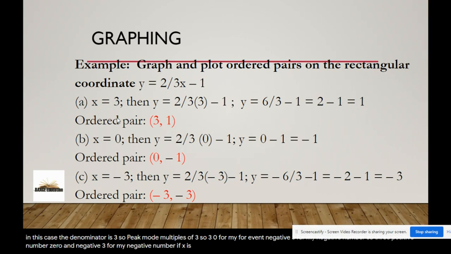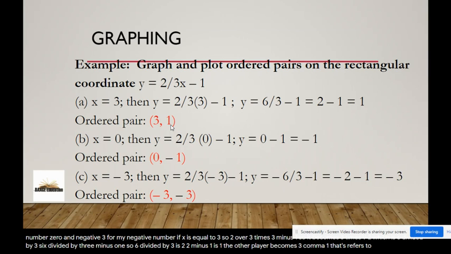If x equals 3, then 2 over 3 times 3 minus 1. So it becomes 3 times the 2, which is 6, divided by 3, minus 1. 6 divided by 3 is 2, and 2 minus 1 is 1. The ordered pair becomes (3, 1).